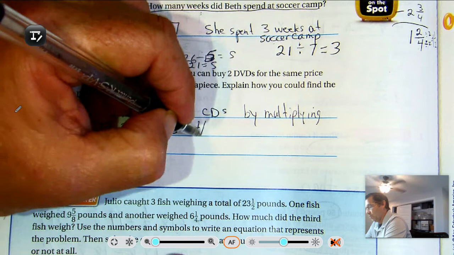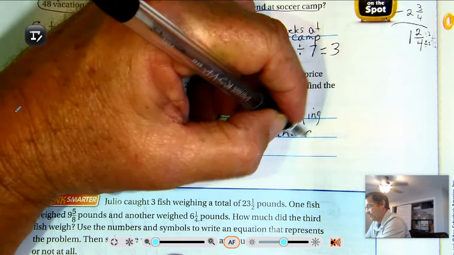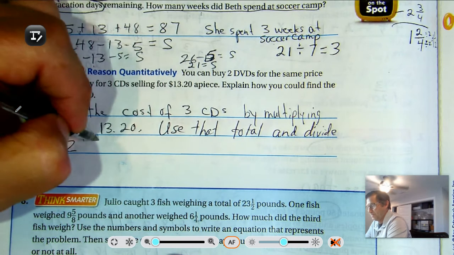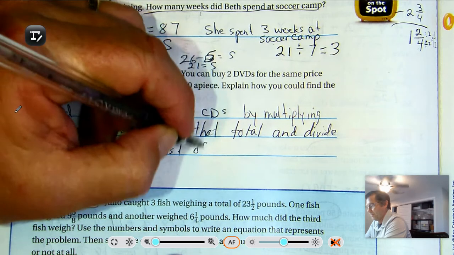Use that total and divide by 2 to find cost of 1 DVD.